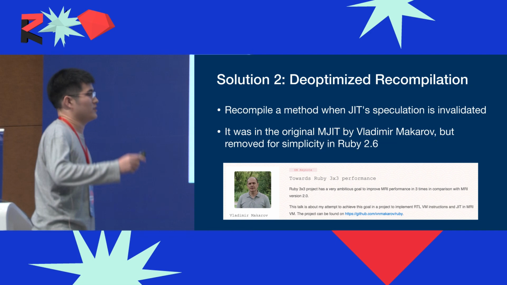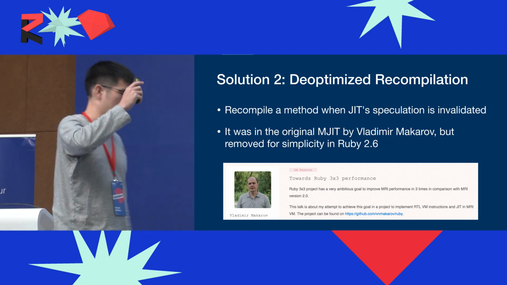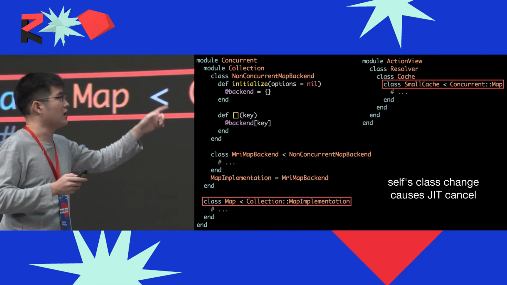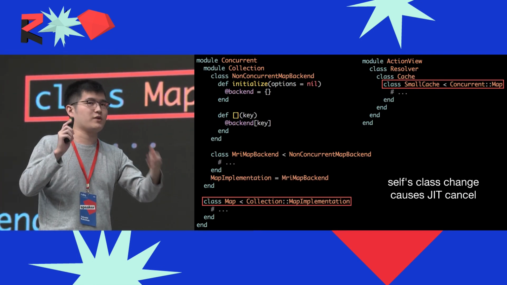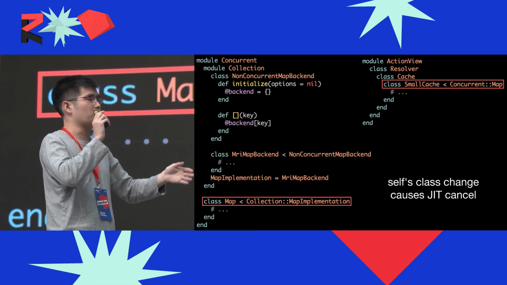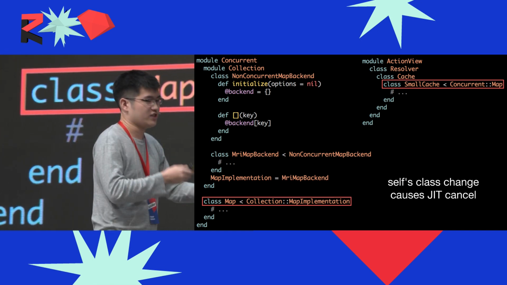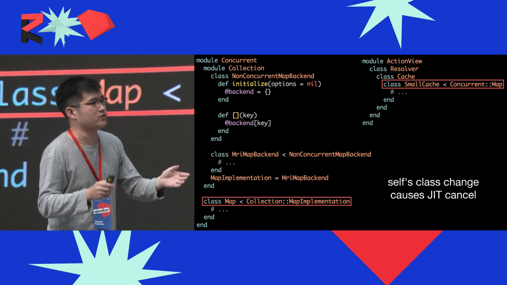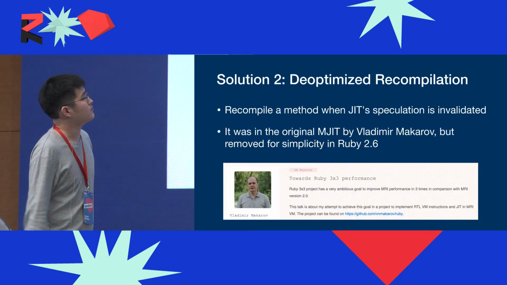And when deoptimization happens, this optimized speculation is invalidated, and it's converted to the more generic one, which is kind of slower, but still allows other places to execute faster.